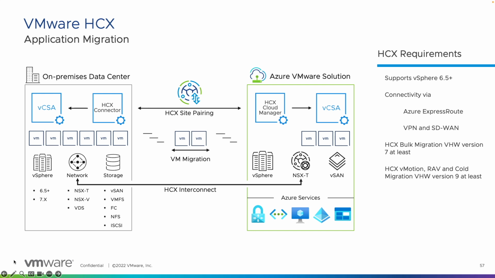So HCX is an application migration software that comes bundled with AVS, and it simplifies migration across data centers and clouds. HCX sits inside of the vSphere UI, and that is something that I will show you today. So HCX has multiple tools that allow you to move from your on-prem data center into the cloud as seamlessly as possible.